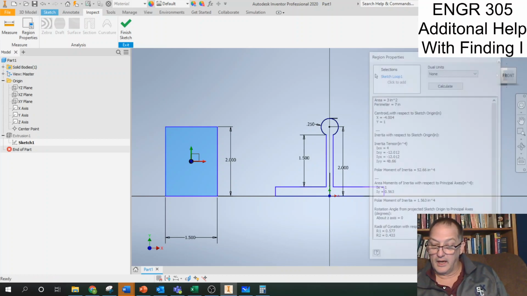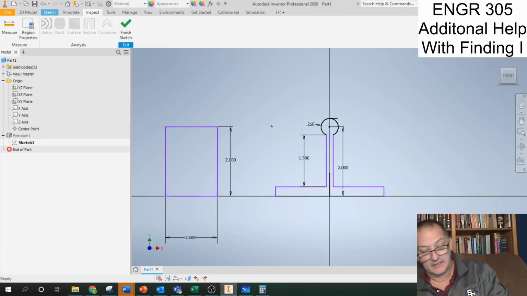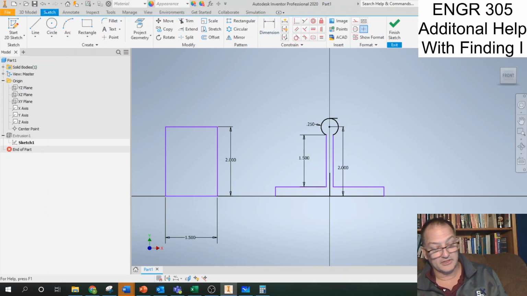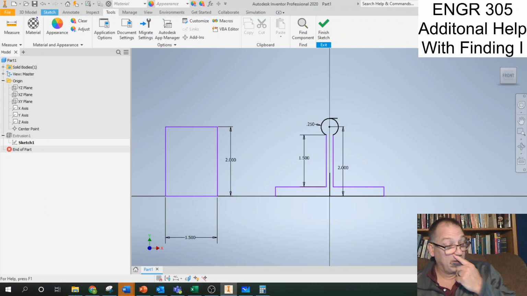So I draw these shapes in Inventor, and then there's the 3D model, there's the sketch, that's where I was drawing it. And then I go to tools and I go to measure, and I want region properties.